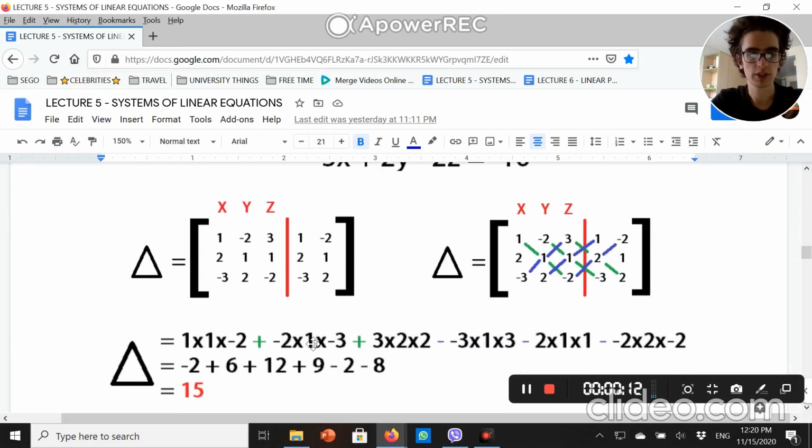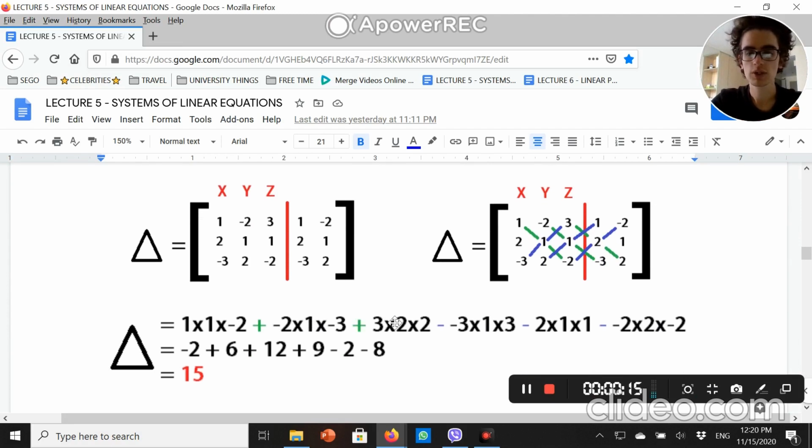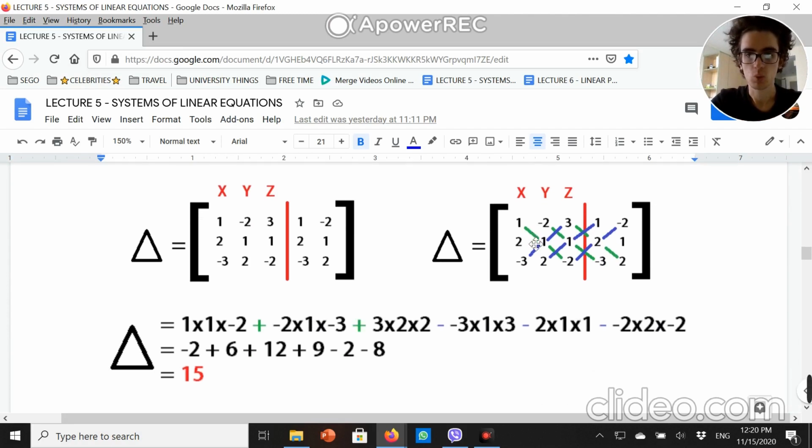So here's what we have. What did we say previously? 1 times 1 times negative 2 here, plus negative 2 times 1 times negative 3, plus 3 times 2 times 2. Now the sign changes because we're going from down to up, and we'll have negative 3 times 1 times 3, minus again 2 times 1 times 1, minus again negative 2 times 2 times negative 2, and that's it.